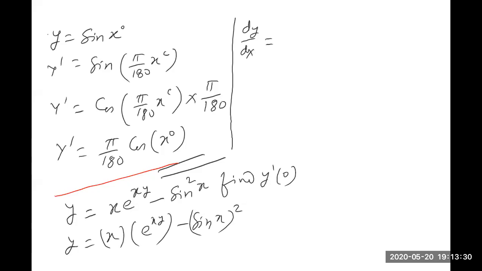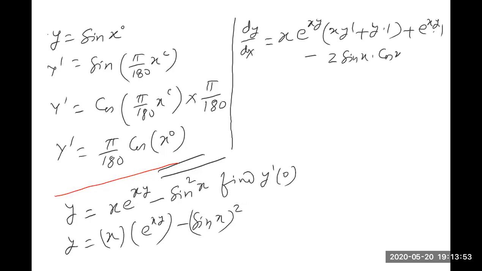So apply the product rule. X as it is, derivative of e raised to power xy is e raised to power xy into derivative of xy. Again product rule. Xy dash plus y into 1 plus e raised to power xy into derivative of x is 1 minus sine square x. 2 sine x into derivative of sine x is cos x.